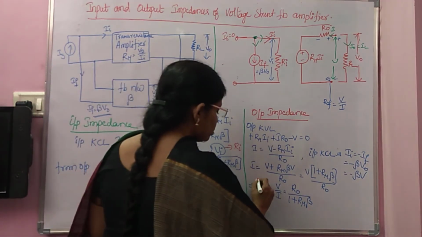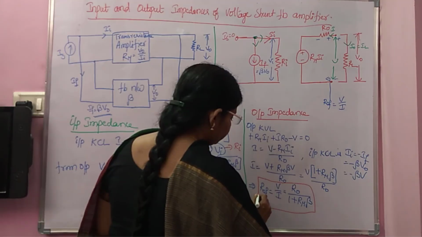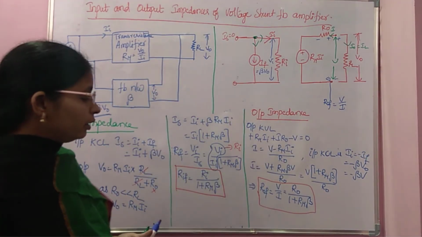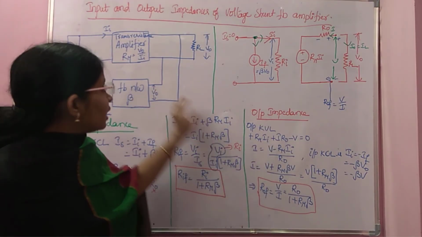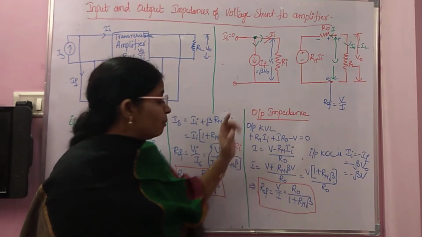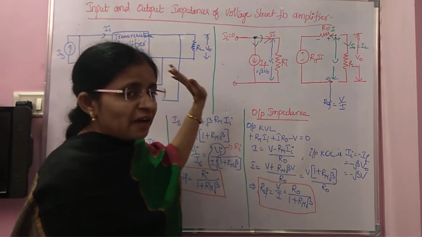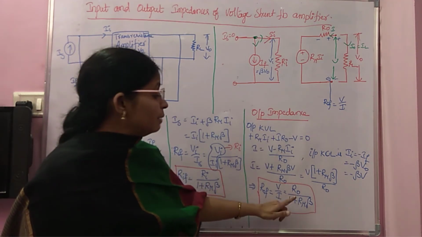This is the R naught f expression. In the absence of feedback, the trans resistance amplifier output impedance is R naught. But when you apply the feedback in this fashion, the output impedance is decreased by a factor 1 plus Rm beta.